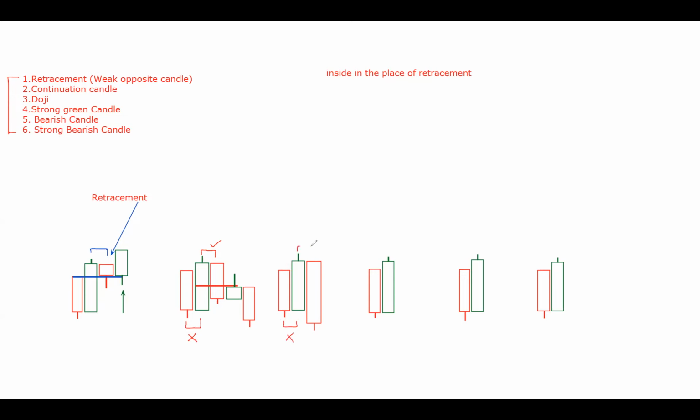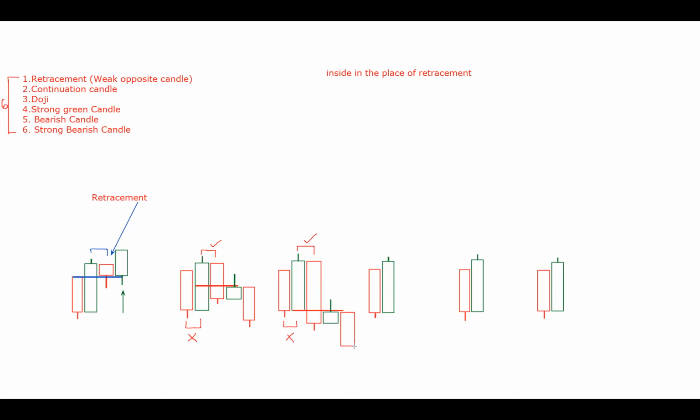And this pattern we will follow. Now tell me, this engulfing has how many possibilities? 6. We are waiting for what? Retracement candle. Then we will trade, right? So now we are trading the next candle after retracement.